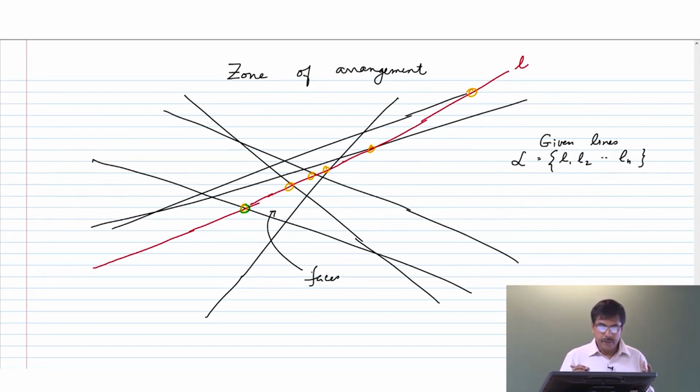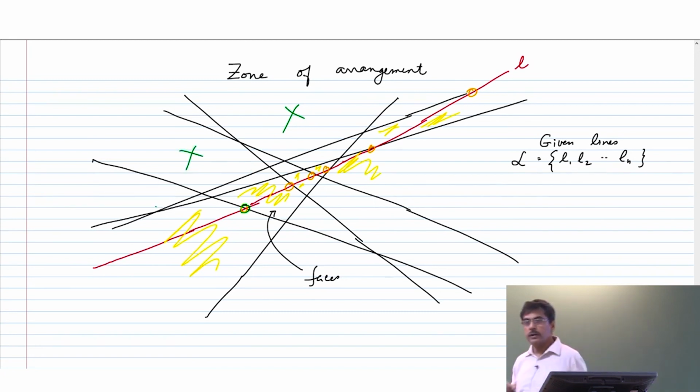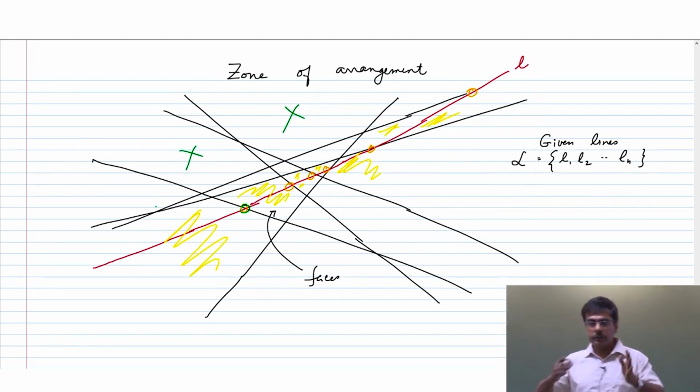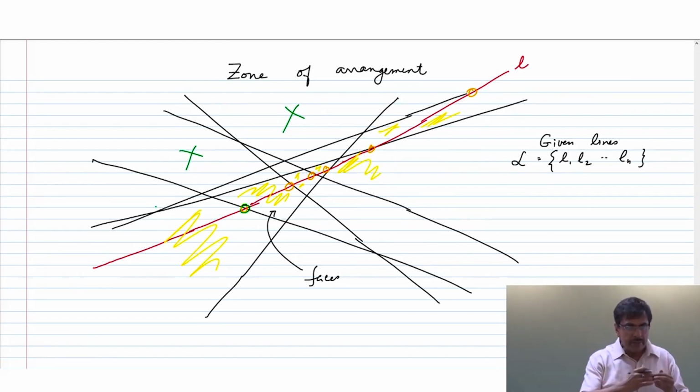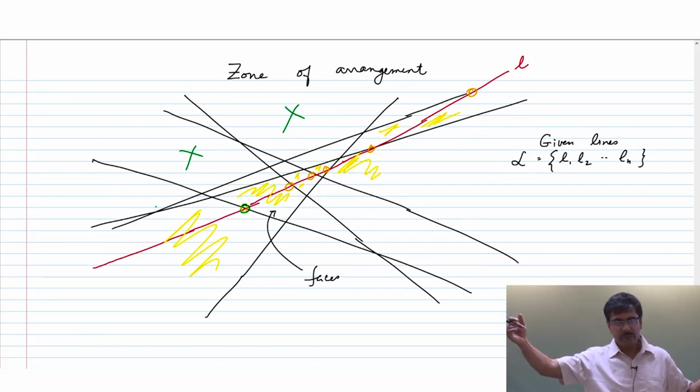The line goes through this face, this face, this face, and so on and so forth. But this is not a face that it goes through. This is not a face that it intersects. So, only look at those faces that it intersects. Since it intersects n lines, it intersects n faces.